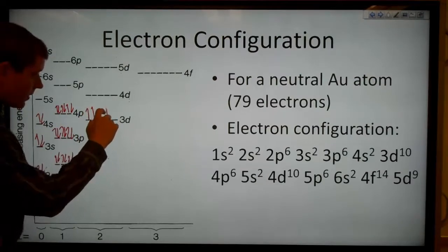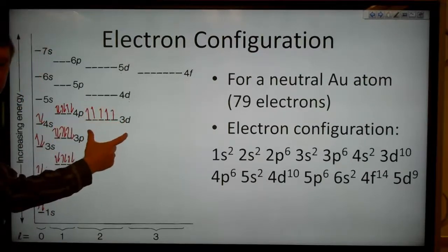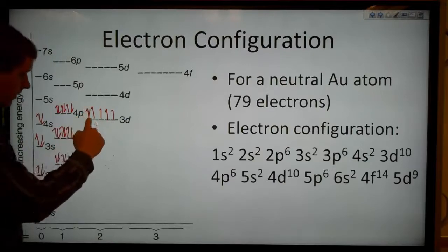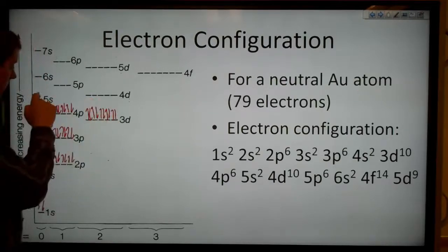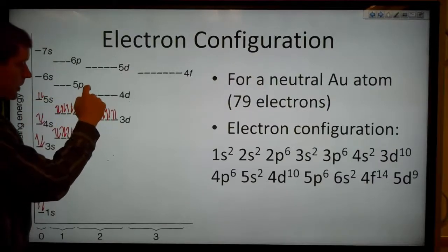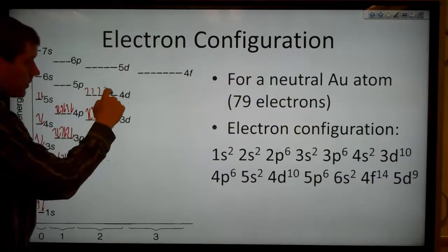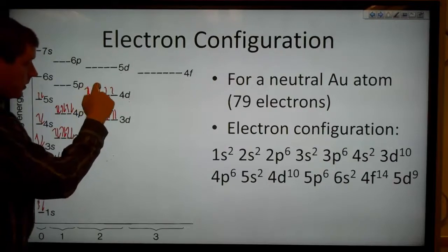Note that I've incorrectly filled in the 4p before I filled in the 3d, but I know that they're all going to get filled in. So now we go to 4d, fill them all, spin up, before we go back and fill them in, spin down.